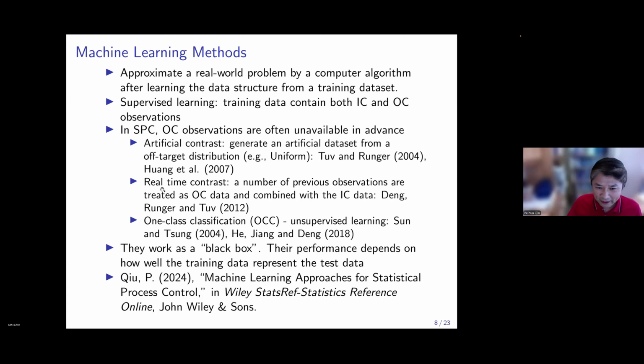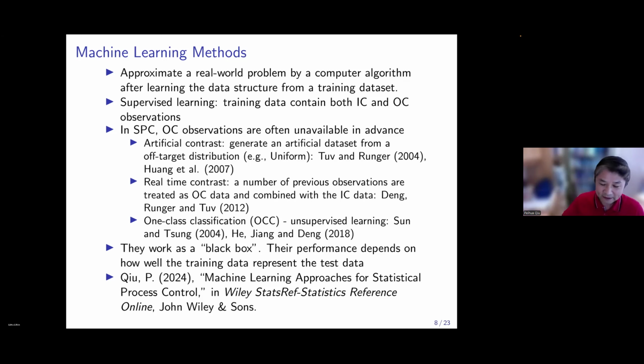So later on, they suggested another idea called real-time contrast, also by George Runger and his former students. At the current time point, they consider a window, and the observations in that window they treat as out-of-control data. Then they combine the out-of-control data with the in-control data collected at the very beginning. Then they apply a random forest or something like that to get a decision rule.